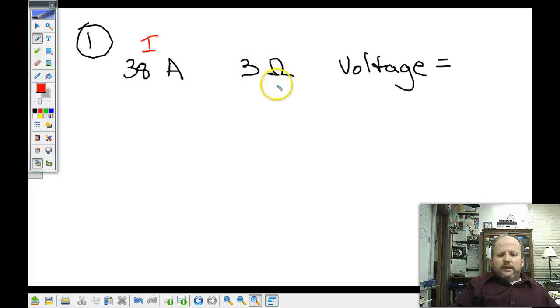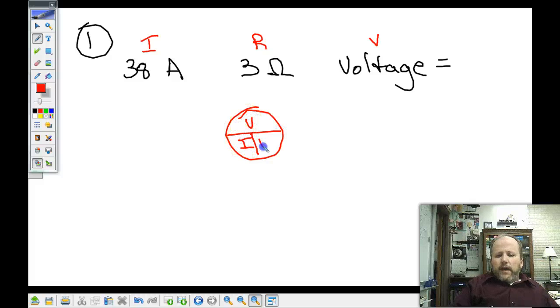How do I really say that? 3 ohms. What's that a measurement of? Resistance. How do we abbreviate that? Resistance is R. Voltage is V. Do we have an equation with an I, R, and a V in it? Yes, we do. It is Ohm's law. V equals I times R.